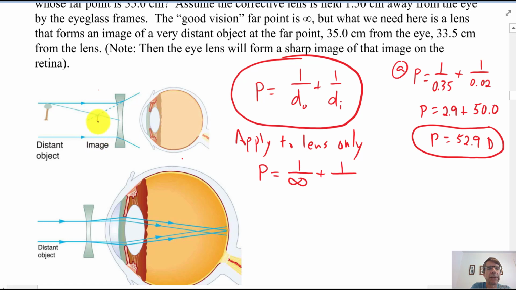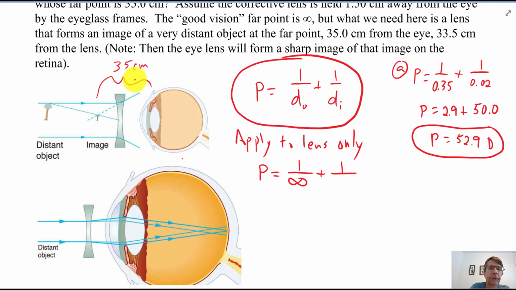So that image right there, that little tree, the image needs to be at 35 centimeters from your eye. You need to put that at your far point, so that the lens will make it appear like it was coming from infinitely far away.